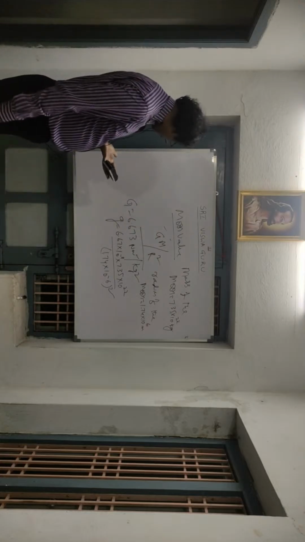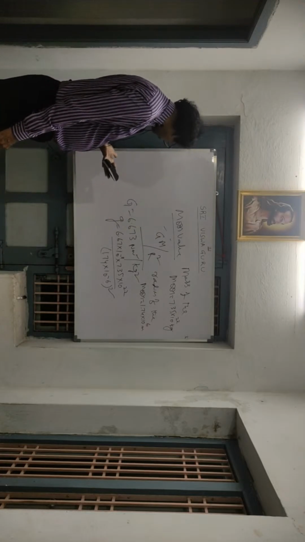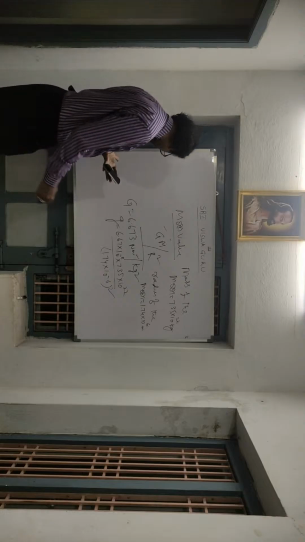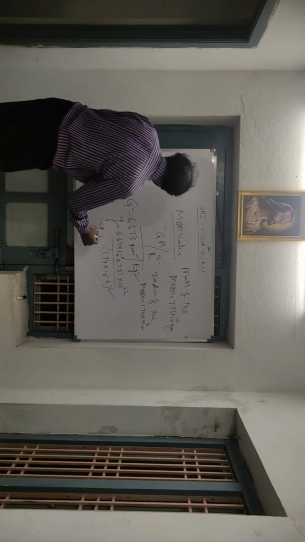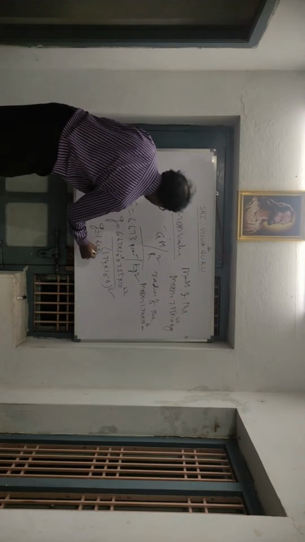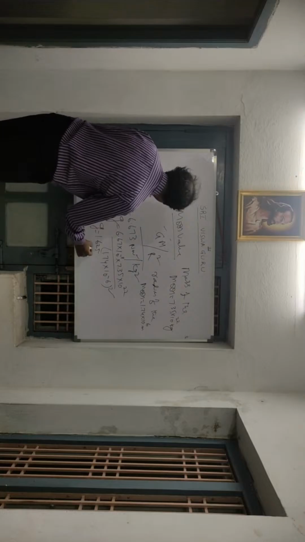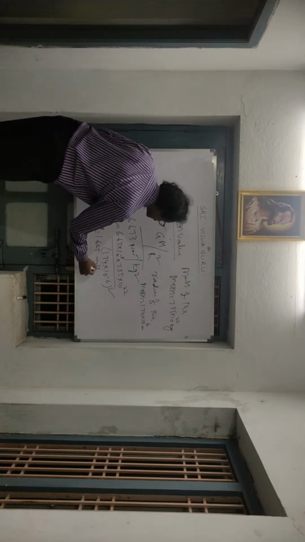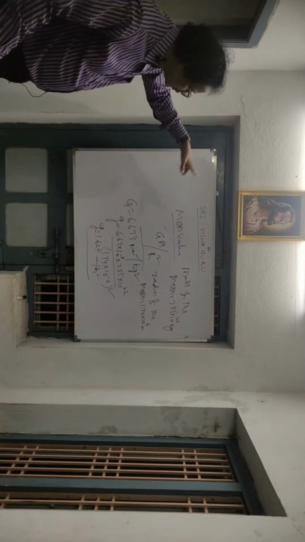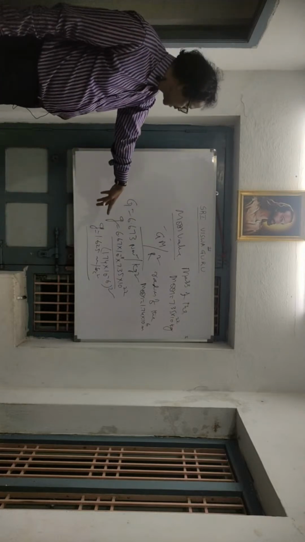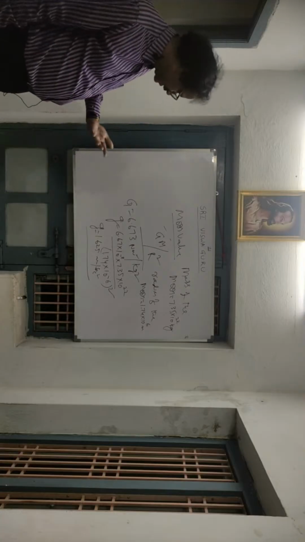Okay, then what happens here? g is equal to 1.625 meters per second square. Moon value, gravitational force on the moon, g is equal to 1.625 meters per second square.